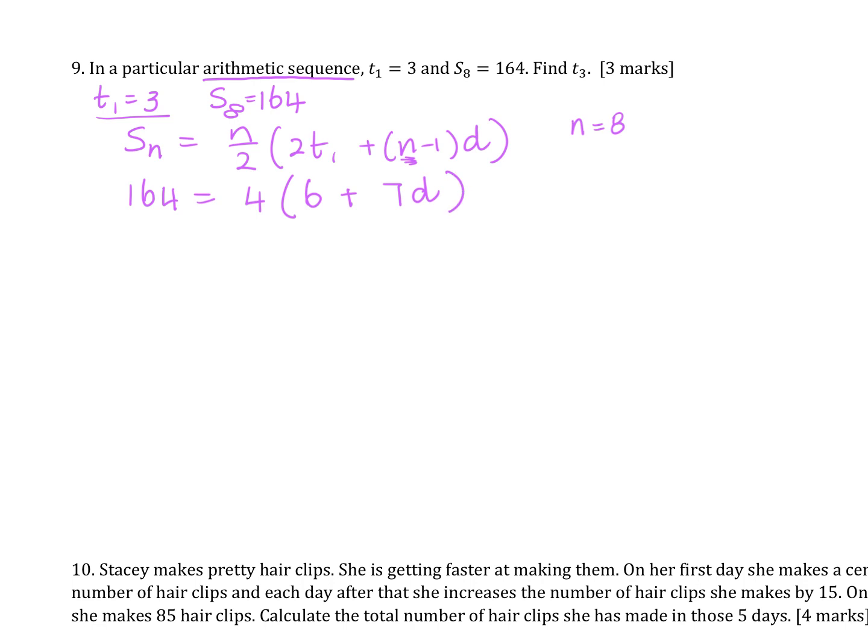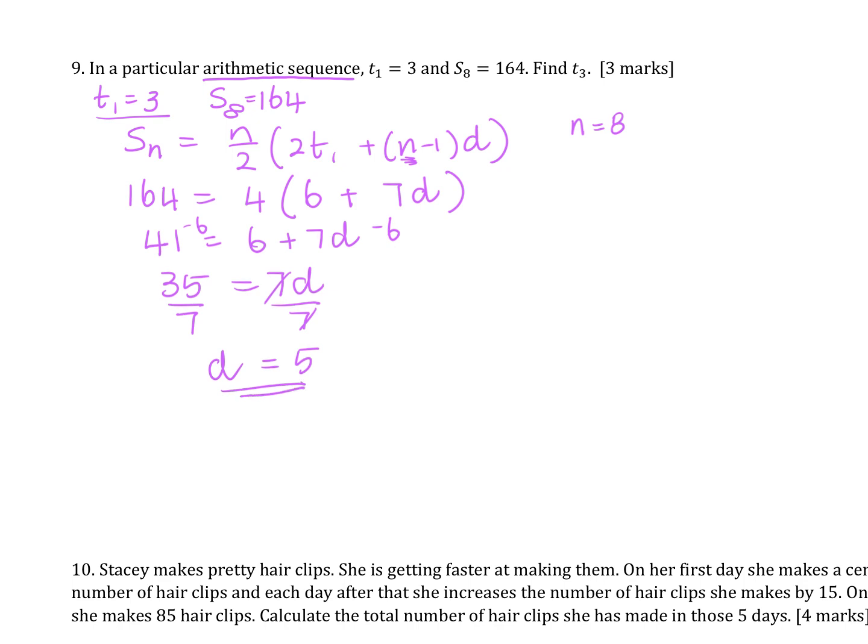Okay, I could either expand out here, but I'm just going to divide both sides by 4. 164 divided by 4 is going to give me 41. 6 plus 7d, take 6 off both sides. 35 equals 7 lots of d, divide by 7. 35 divided by 7 is 5. So the difference is 5.